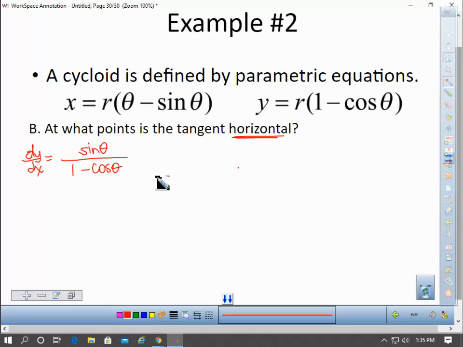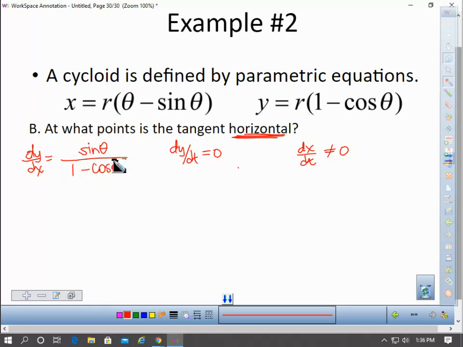So now we want to use that to figure out where we have tangents that are horizontal. If you look at your sheet at the bottom, in order to have tangents that are horizontal, that means dy/dt has to equal 0, but dx/dt cannot be 0. So we want 0 in the numerator, but we do not want 0 in the denominator.